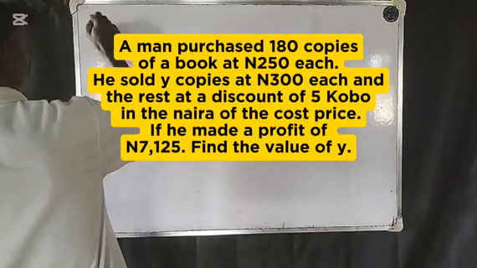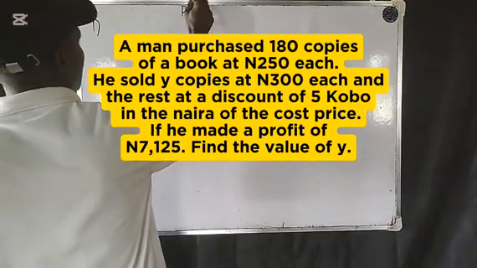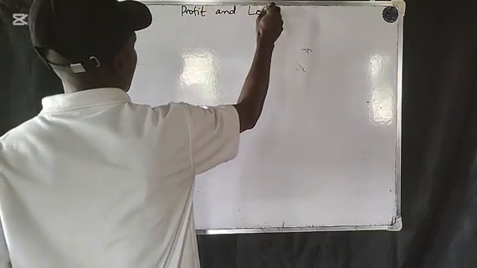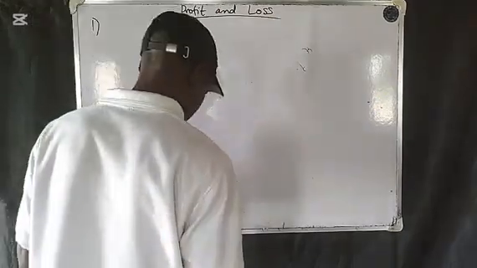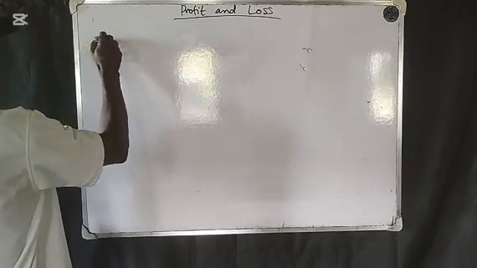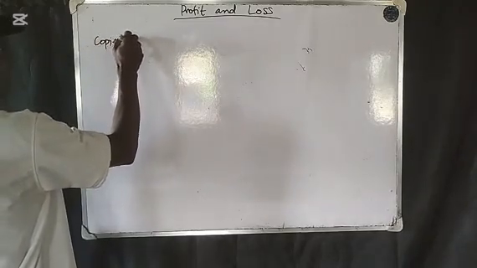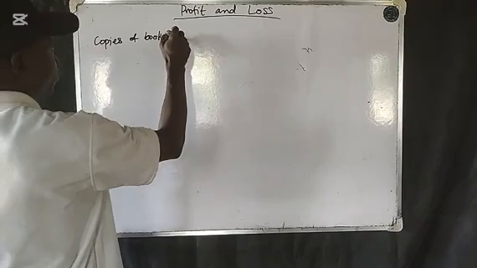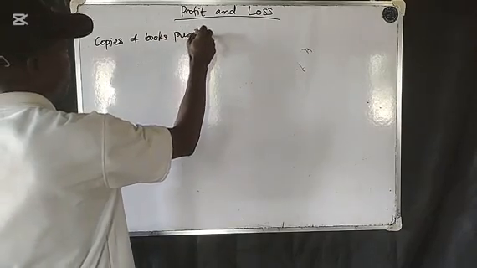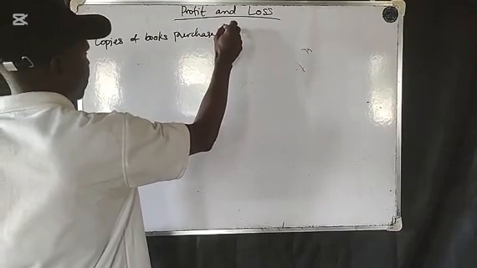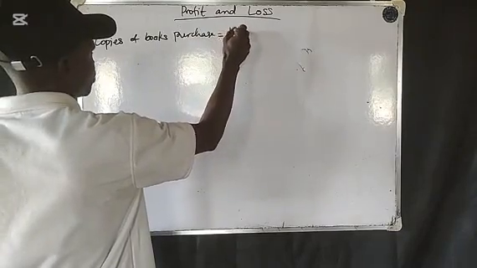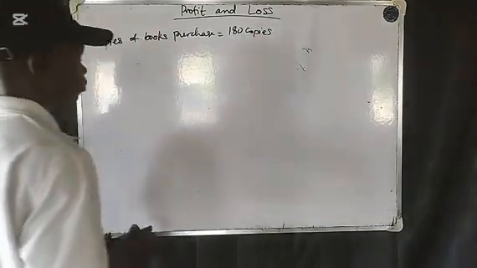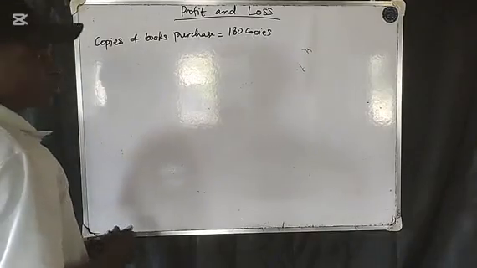Number one, give me copies of books produced, copies of books purchased. How many? 180 copies, right? 250 naira each, right?